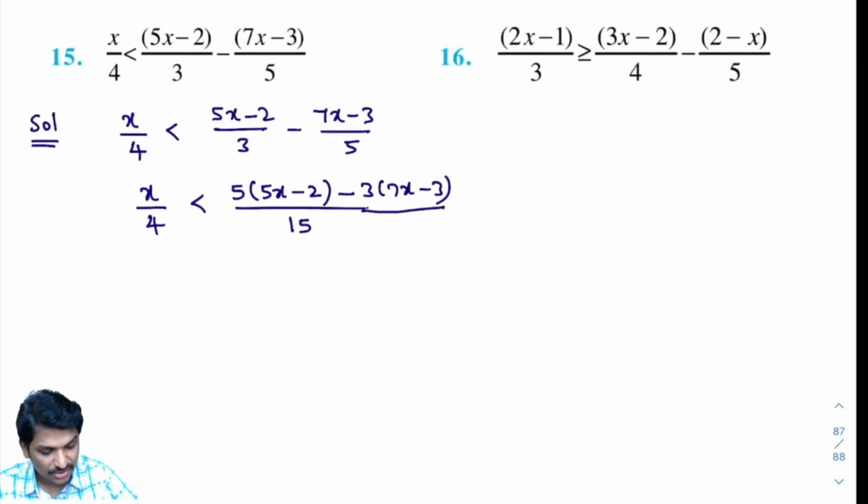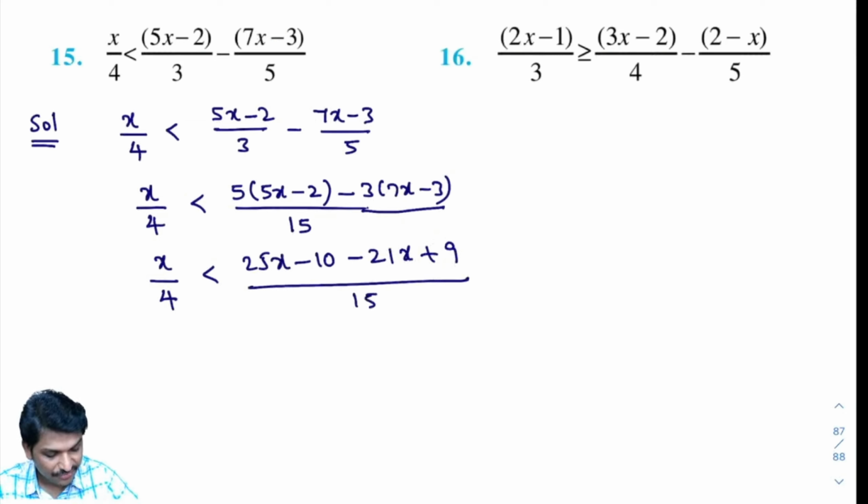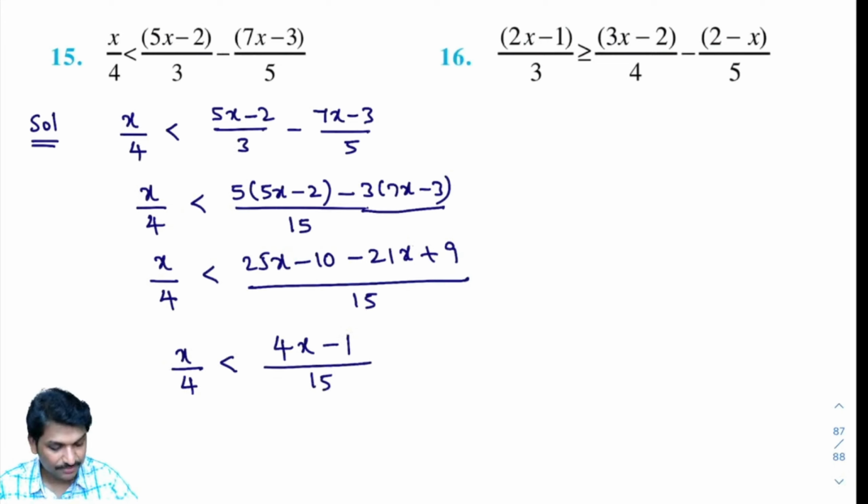I'm just trying to simplify this right hand side part. x by 4 is less than (25x minus 10 minus 21x plus 9) divided by 15. 25x minus 21x is 4x, and minus 10 plus 9 is minus 1, divided by 15.